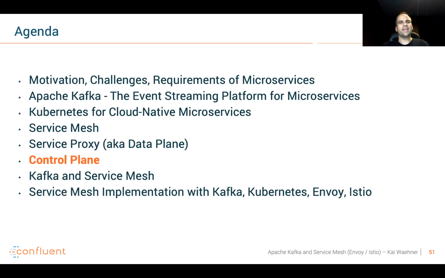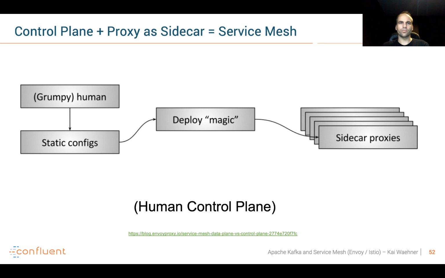With that understanding about proxies and the tools behind them like Envoy or Linkerd, let's now think about the second part, the control plane. The control plane is the other important part. Even proxies alone are great. What I just discussed is the things on the right: you have the sidecar proxies for the different microservices, and you can deploy one proxy to every sidecar.